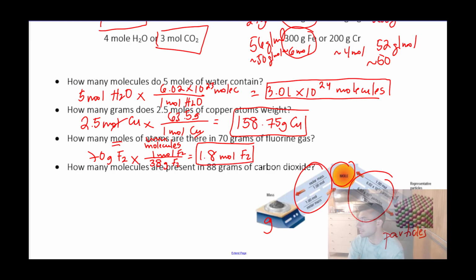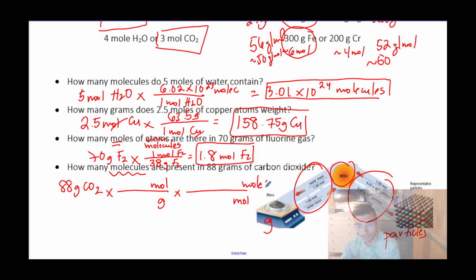And then the last example is how many molecules of carbon dioxide are present in 88 grams of carbon dioxide. So 88 grams of CO2, if I want to calculate individual molecules, I don't have a conversion factor that will bring me from grams to molecules right away. We have to make a pit stop at moles. I can use the molar mass to go from grams to moles, and then we can use Avogadro's number to go from moles to molecules.